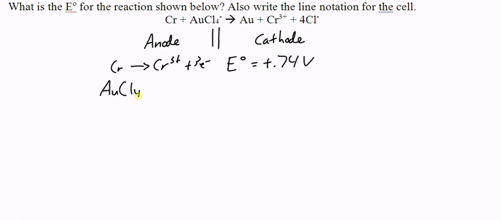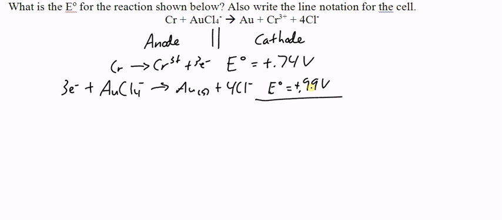So we've got this going to be solid gold plus 4Cl minus, and in this case we should have 3 electrons over here. And the standard cell potential for this one is going to be, according to the reference material that I have, 0.99. So I will say that I have blended reference sources here to get my result.